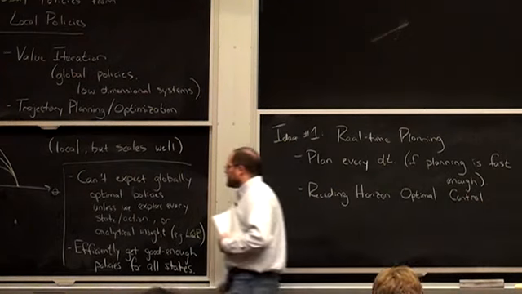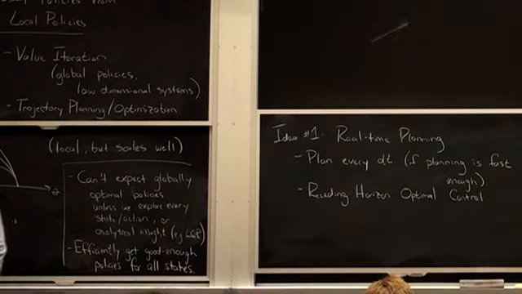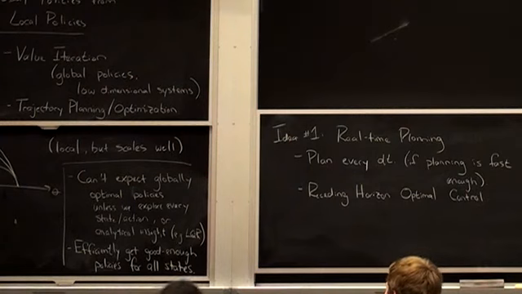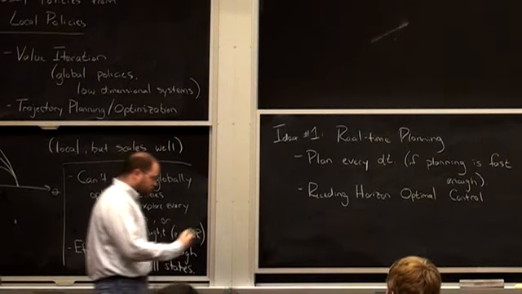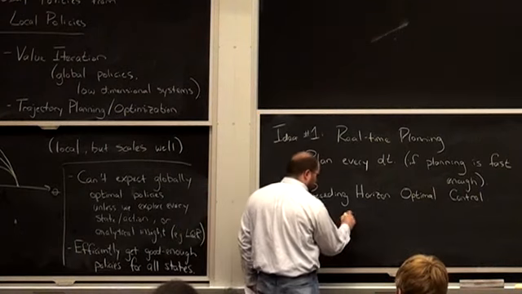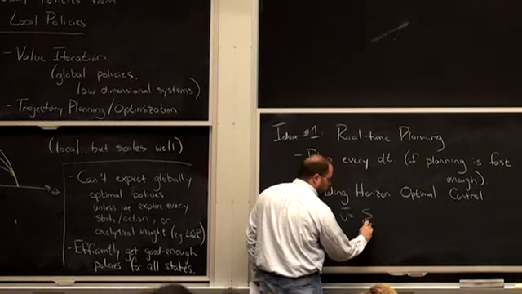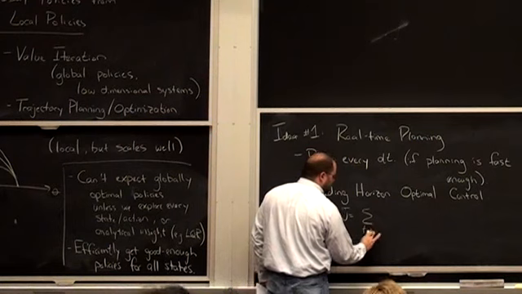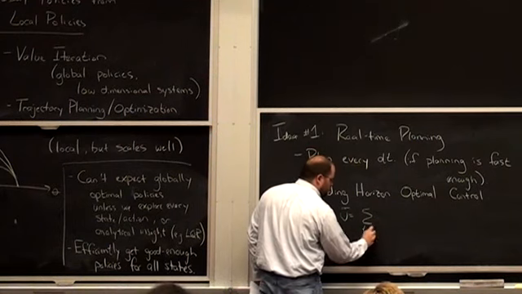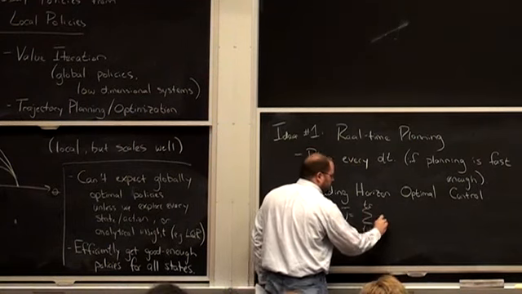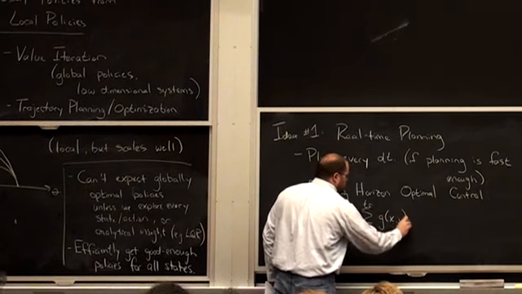So how's that going to work? The simplest answer is, for receding horizon, I've got some long-term cost function, right? I've got my total cost function from t equals 0 to some t final of g of x, u dt.